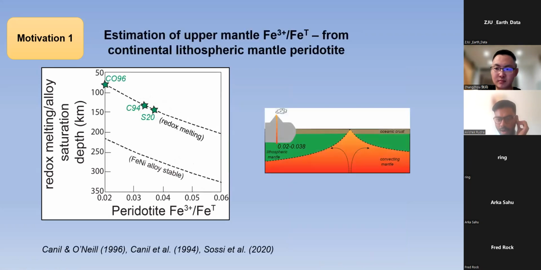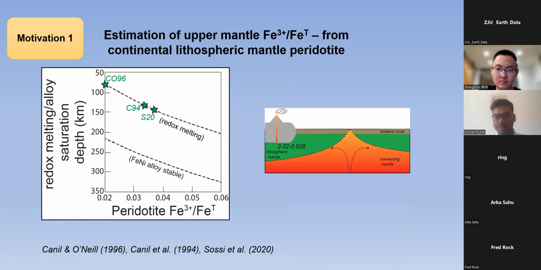There are several studies previously which have looked into this problem from different perspectives. For example, there are multiple studies that have measured the ferric iron content of the minerals in xenoliths from the continental lithospheric mantle, and they have provided a range of values from 0.02 to 0.038.